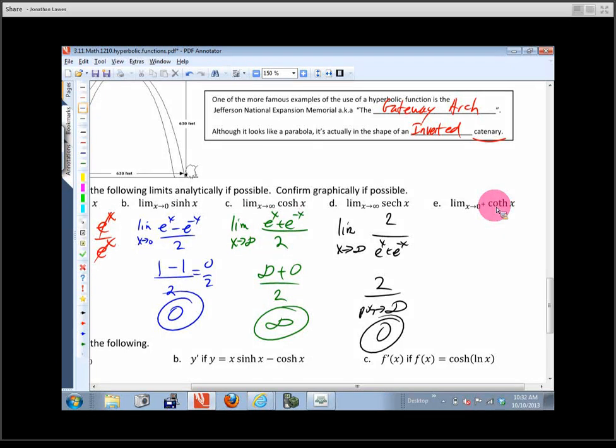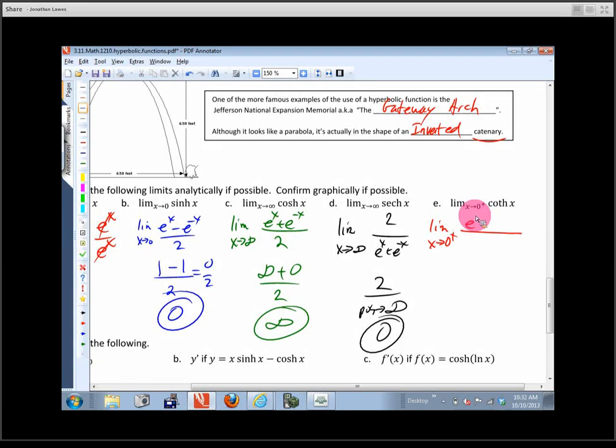So let's think about what the definition would be for this. So we're going to have the limit as x approaches 0 from the positive side. This one's going to require a little bit of thought. Cotang means we've got cosine over sine. That means we've got the plus thing on the top, the minus thing on the bottom.